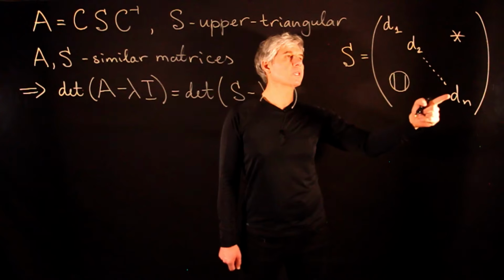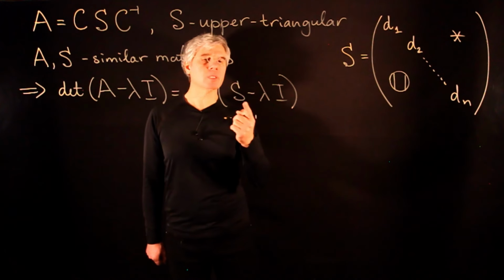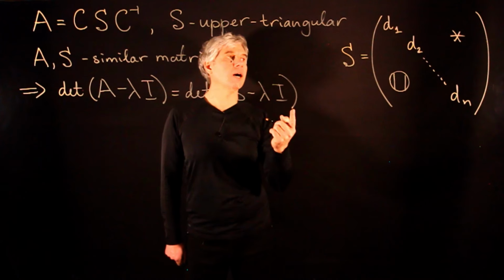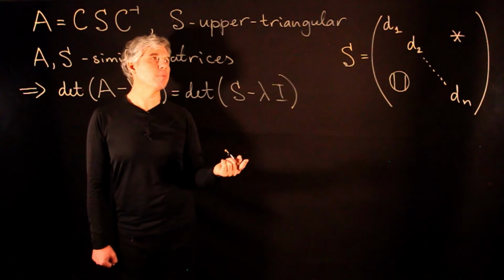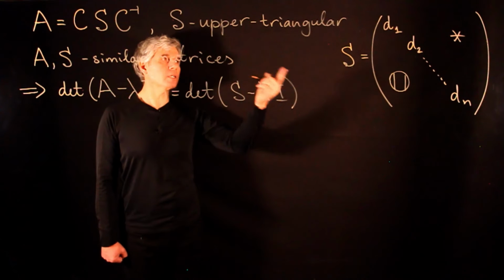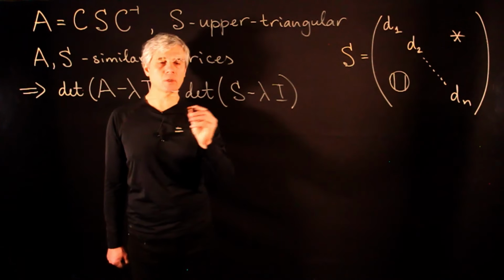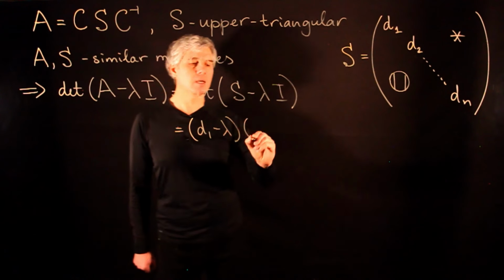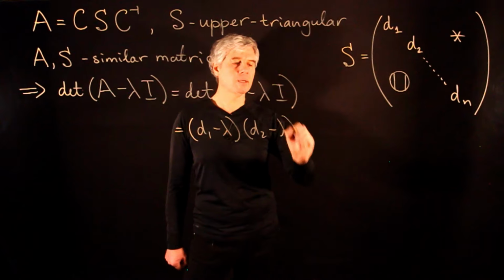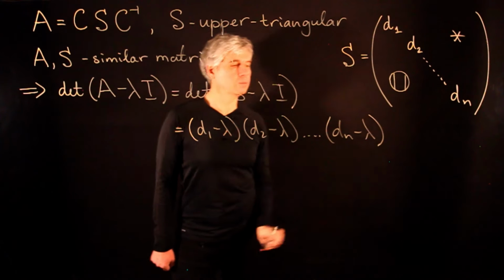But the latter determinant is easy to compute because S is an upper triangular matrix and so is S minus lambda I. And we have a simple formula that determinant of an upper triangular matrix is a product of the diagonal entries. So what we get is that this determinant is equal to D1 minus lambda times D2 minus lambda times Dn minus lambda.